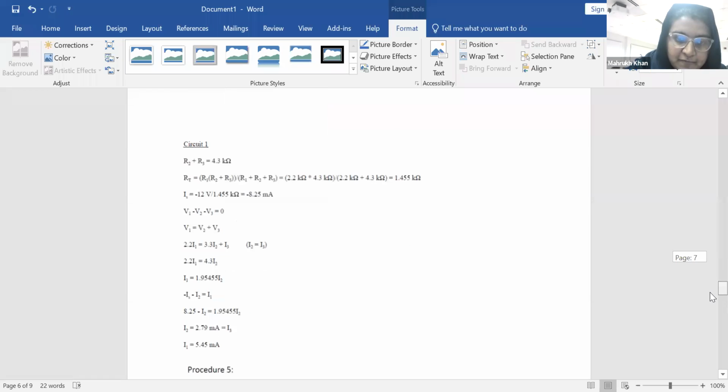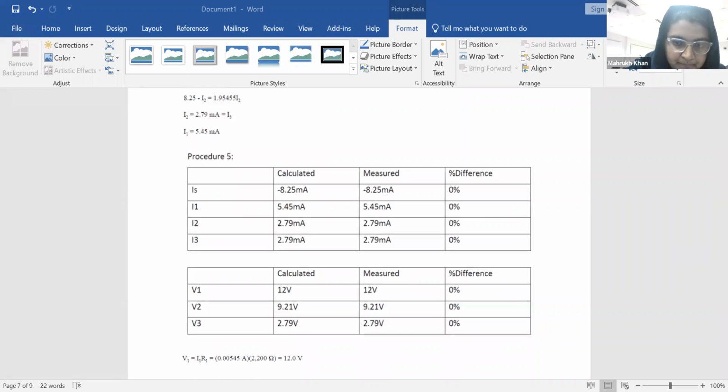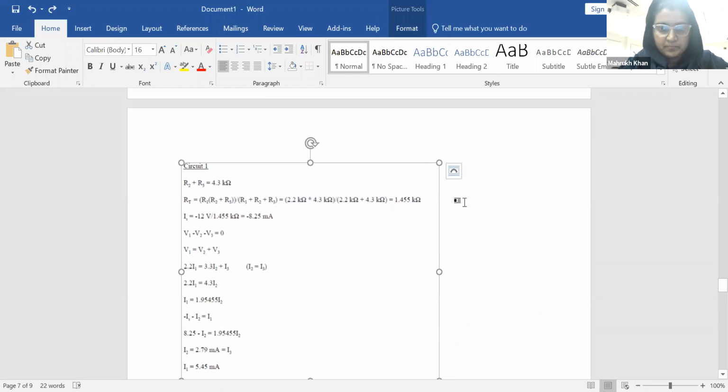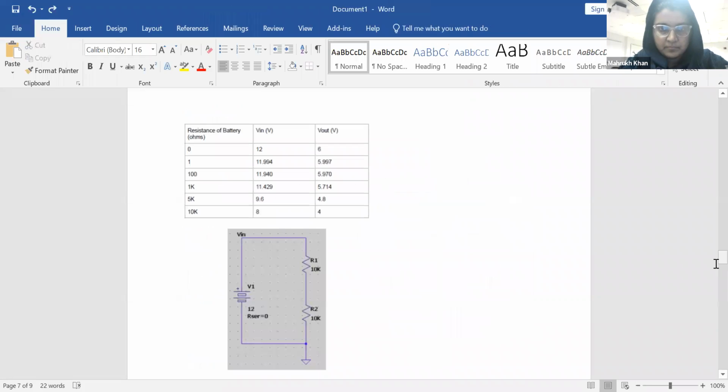Okay, so then this is procedure 5, in which you have to find the current across R1. Just a minute, I can include the circuit.